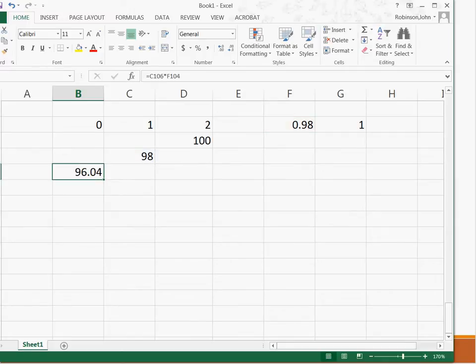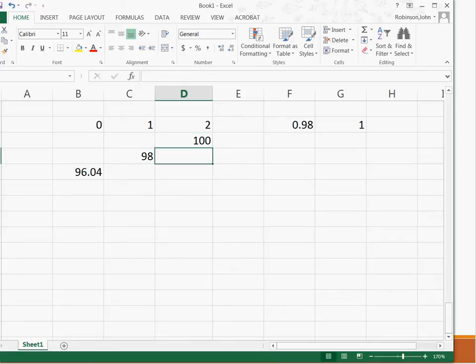So this is just using the same logic twice. 100 turns to 98, and then 98 turns to 96.04, because each dollar costs 98 cents. Okay, so that's situation 5. So what we've done here is we've moved money through 2 years in time now.